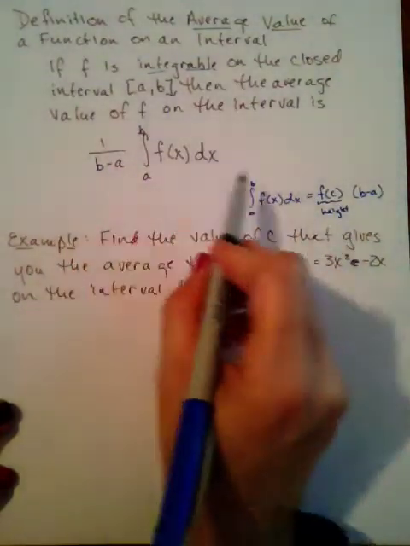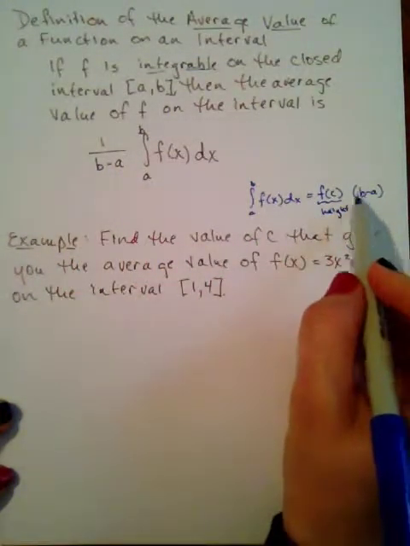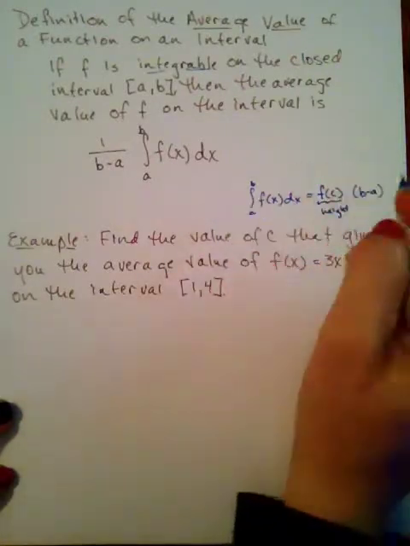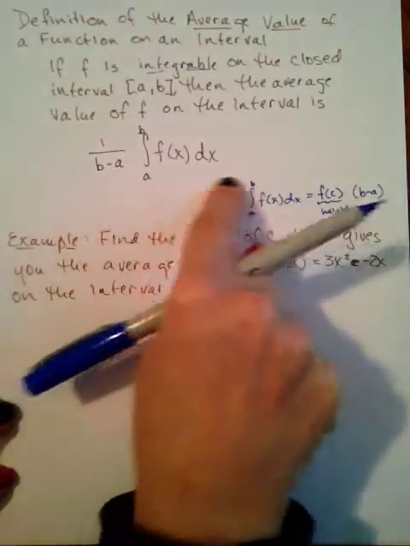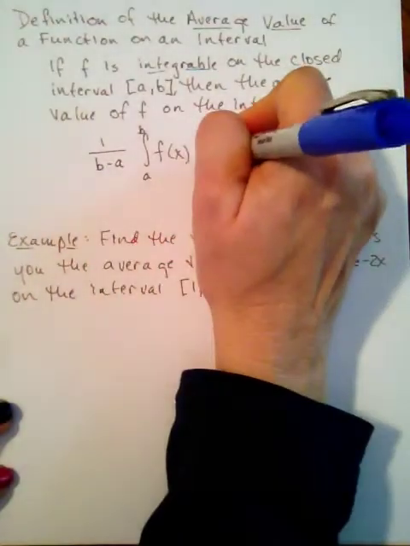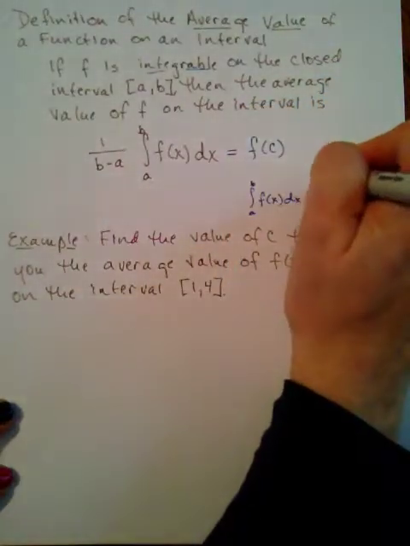And if you compare these two, the only difference is that this b minus a has been divided, so it's over here as a 1 over b minus a, or you could have taken this b minus a and written it in the denominator. But what that's saying is that this is actually equal to the f of c from the mean value theorem.